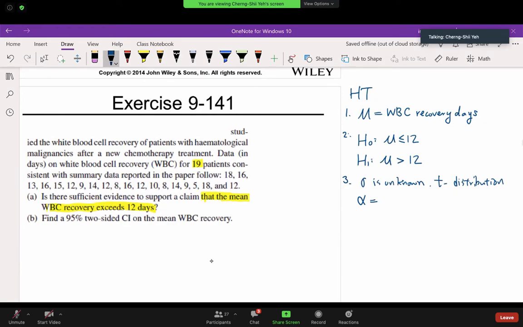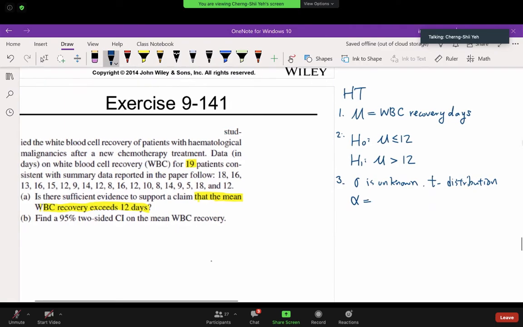Our alpha is not given, is it? Let's use 0.05. I do want to use 0.05 because this is a one-sided hypothesis testing.